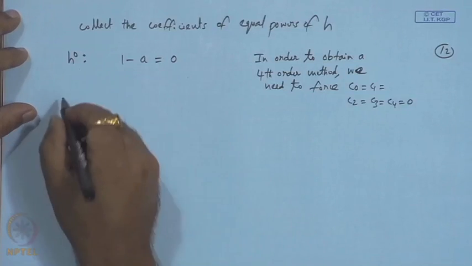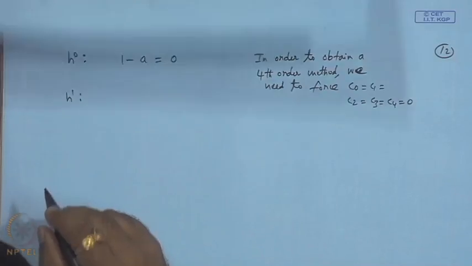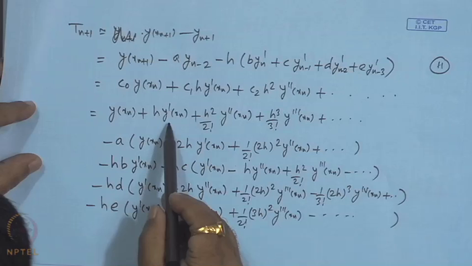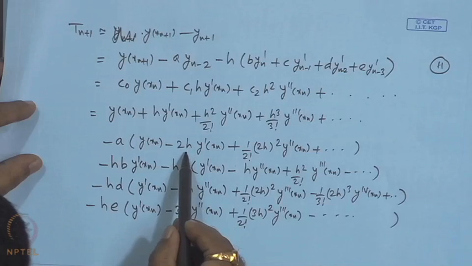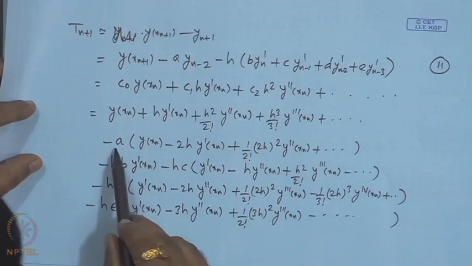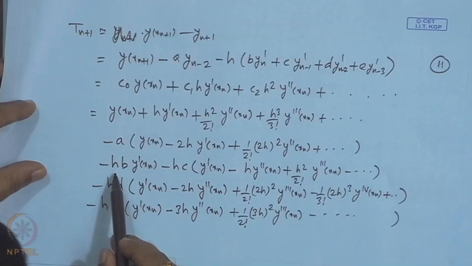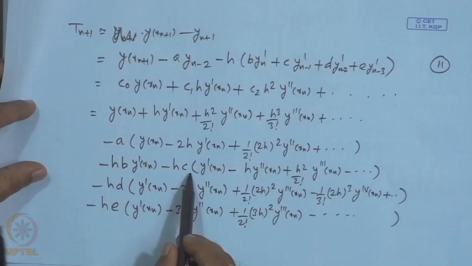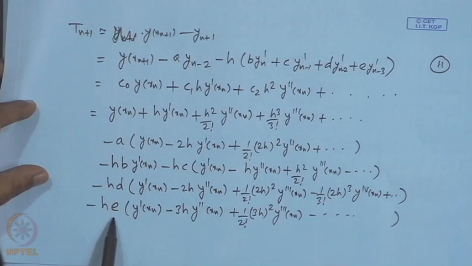So, h power 0, h power 1. Look, so h power 1, this is 1 here, then h power 1 in this case plus 2 a, and h power 1. So, there is minus b, and here there is minus c, and there is minus d and minus e.